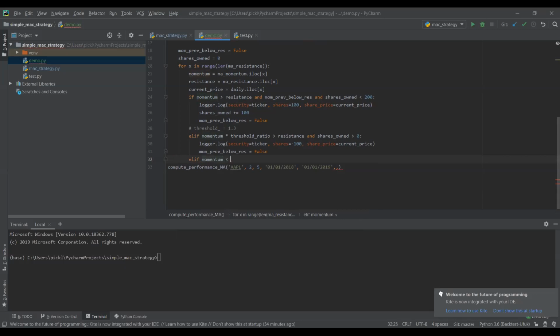If momentum is below resistance, then we want to sell. Something you might notice here is, oh shoot, I forgot to change the shares owned.